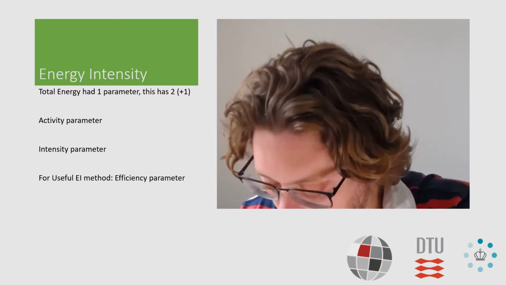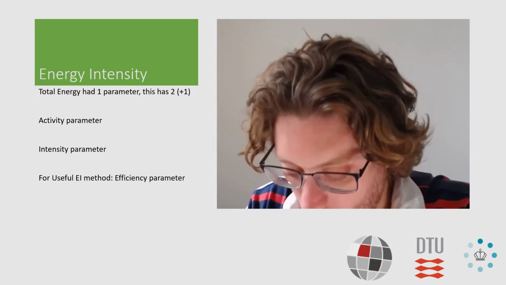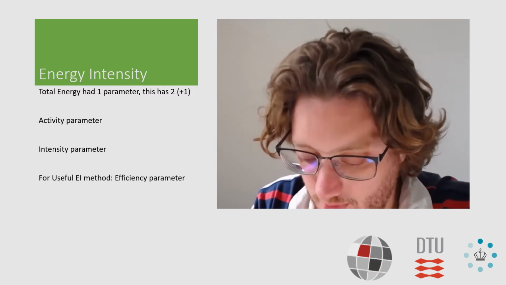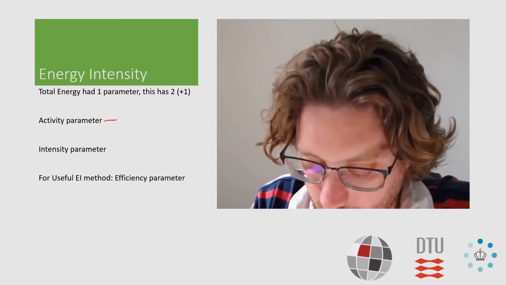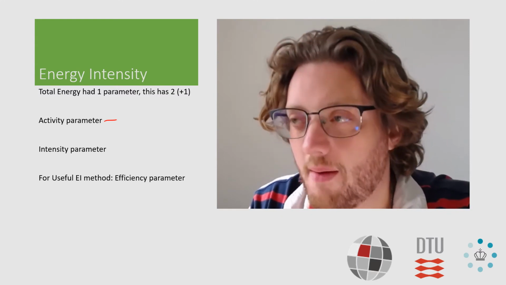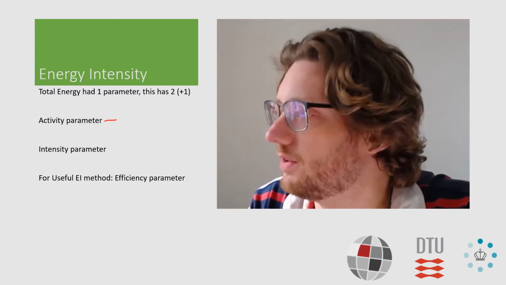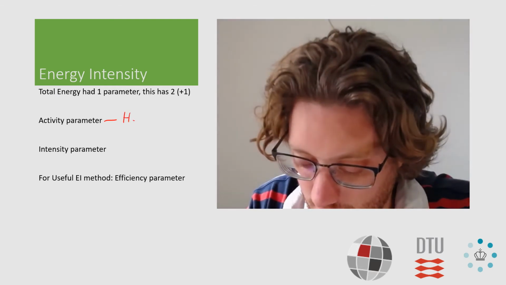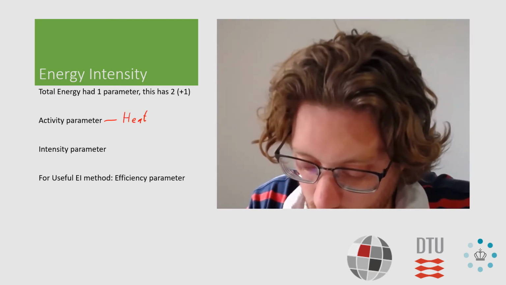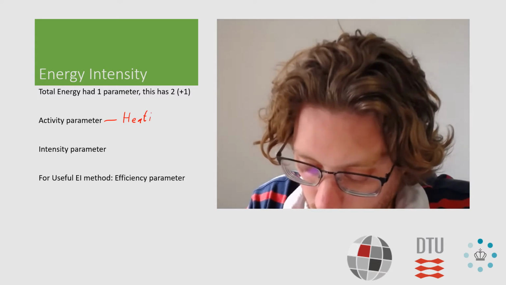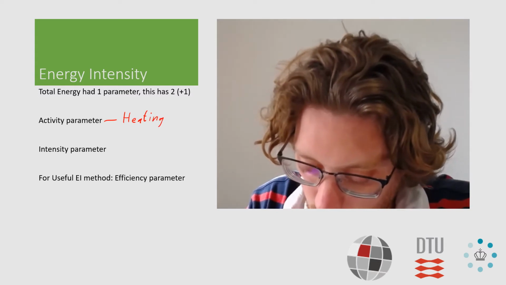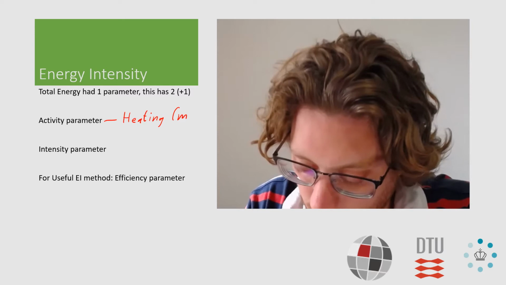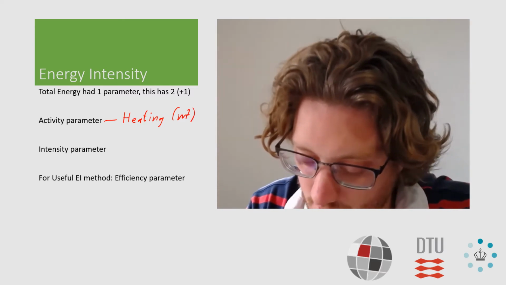So for the energy intensity method, we have the activity parameter, which is the service that you're trying to comply with. That could be something like the heating of a household, maybe in square meters of area that need to be heated.